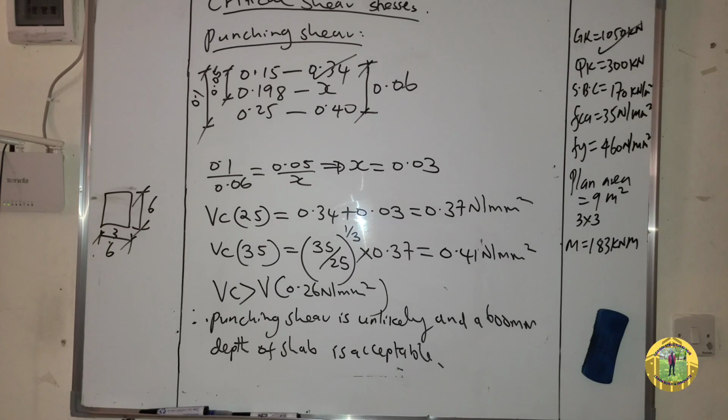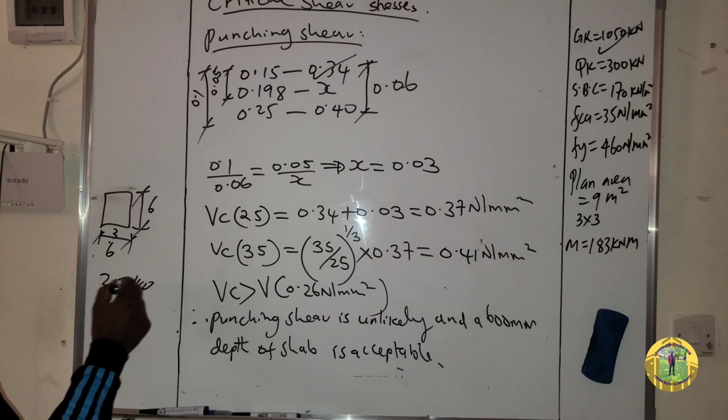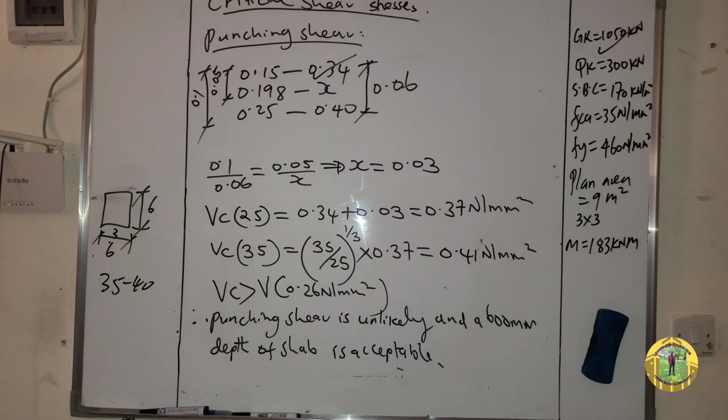And then the last one, improve concrete strength. So our concrete is class 35. You can improve even up to 40 and so on. So those are the remedies you can apply if the punching shear occurs while designing the base of a column.